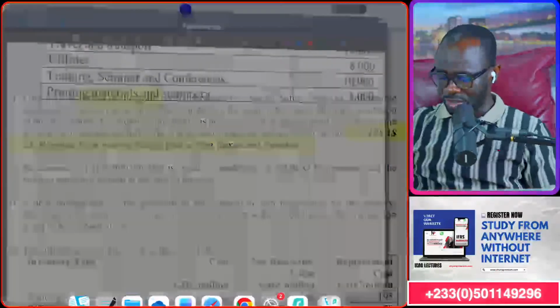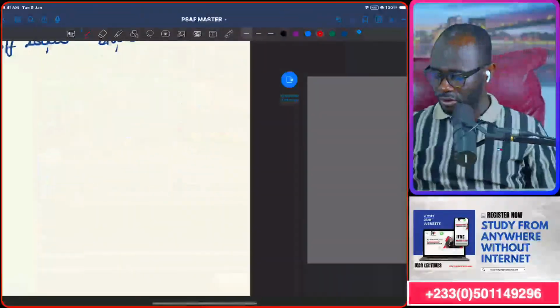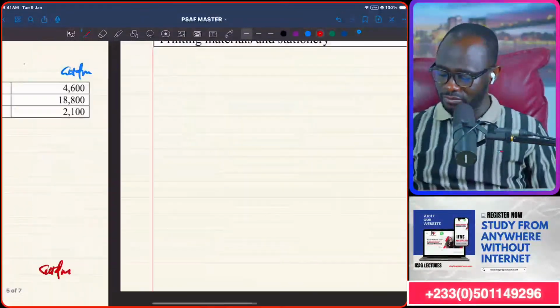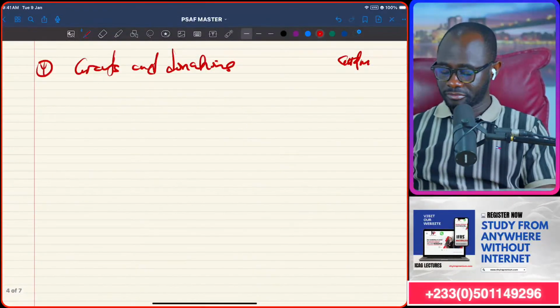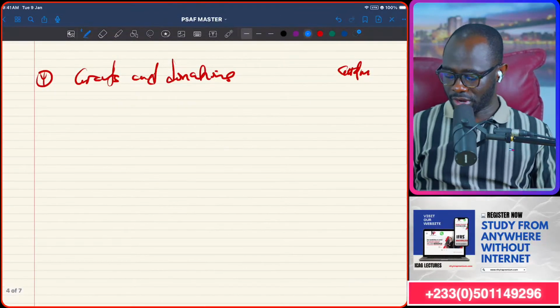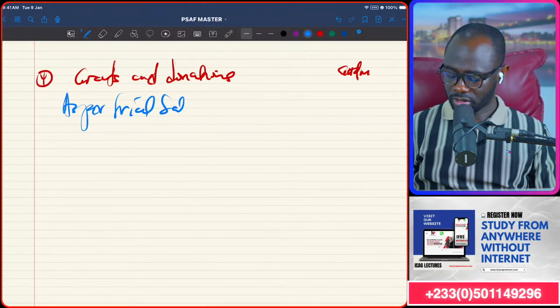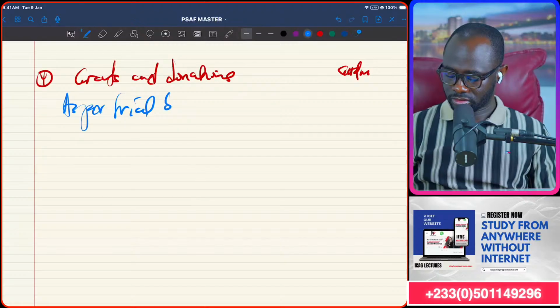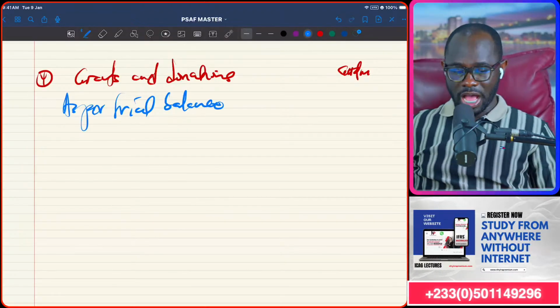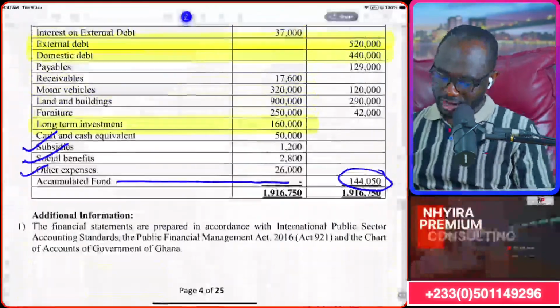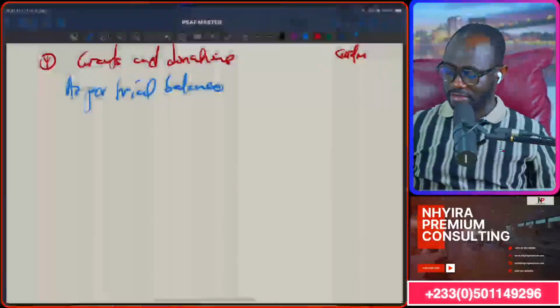So what does that mean? It means I need to work for grants. I think I have the workings for grants already here. So we bring in as per trial balance, government grants 28,000.